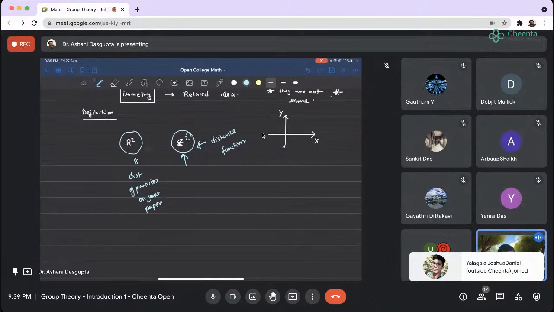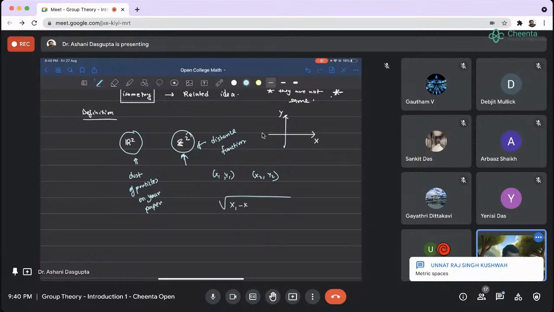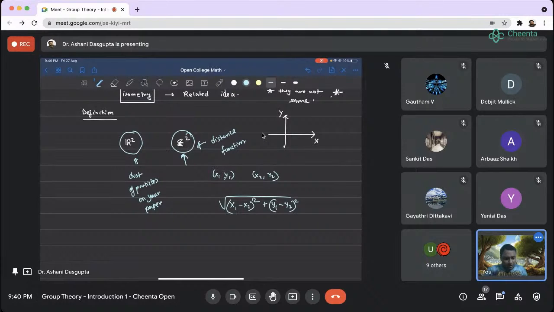So if I have 2 points (x1, y1) and (x2, y2), then the way to compute the distance between the 2 points is the square root of (x1 minus x2) whole square plus (y1 minus y2) whole square. So I am explicitly giving you a method of computing the distance from A to B.